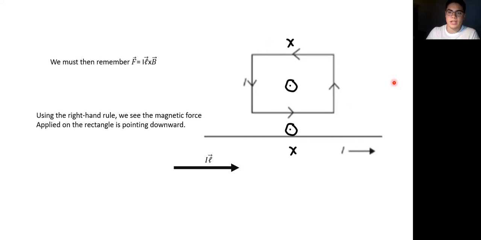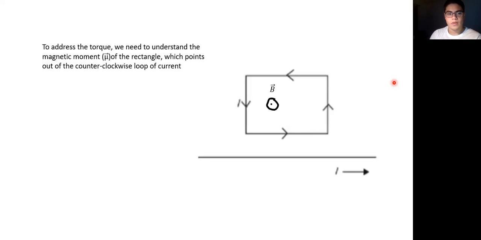So we take the length vector and multiply by the current, and we know it's going to the right. And we also know that the magnetic field vector is pointing out of the rectangle. And then we're going to see that the magnetic force is actually pointing down towards the wire.